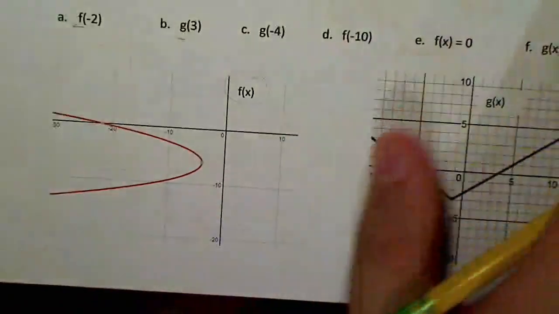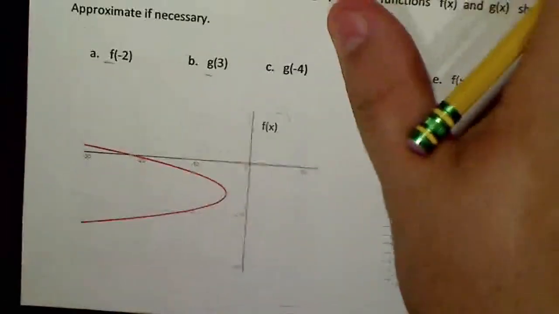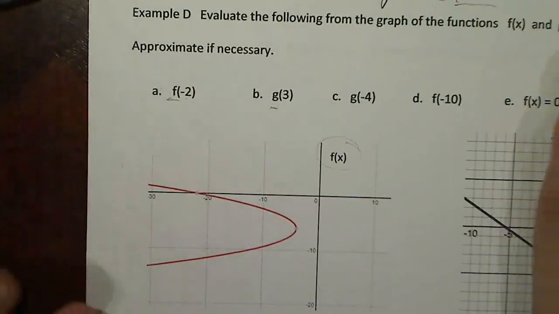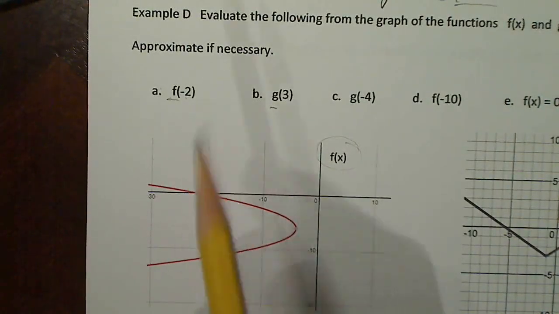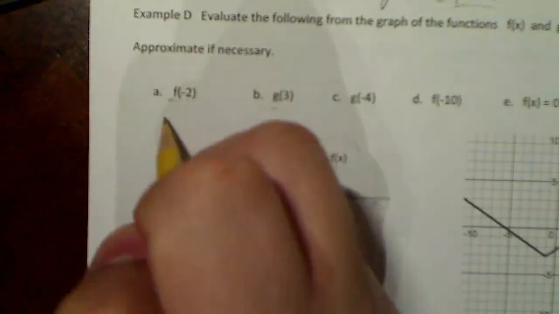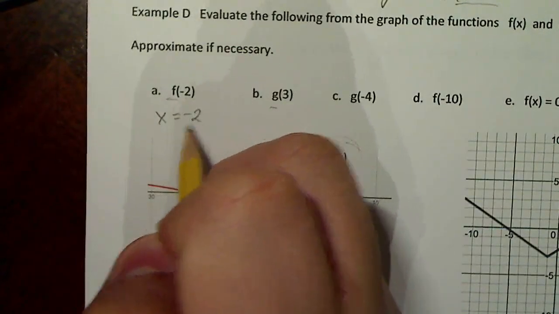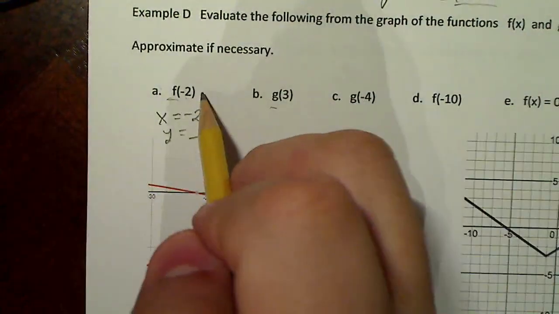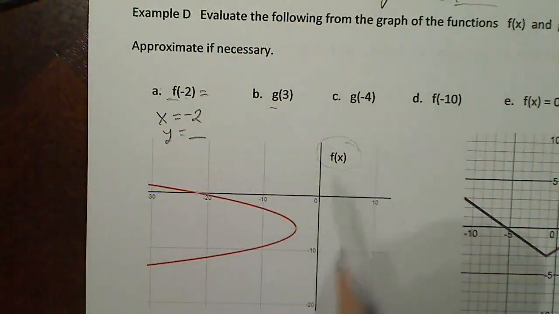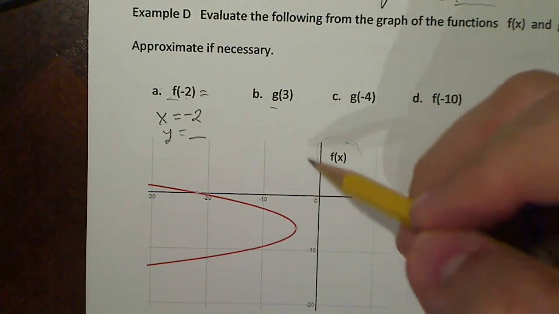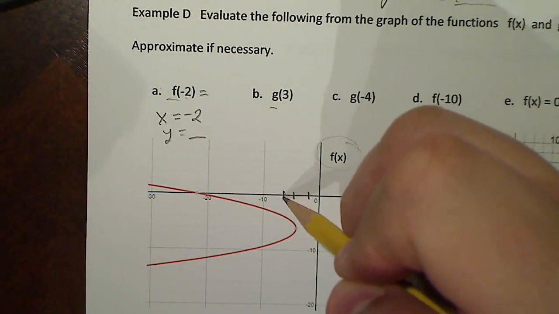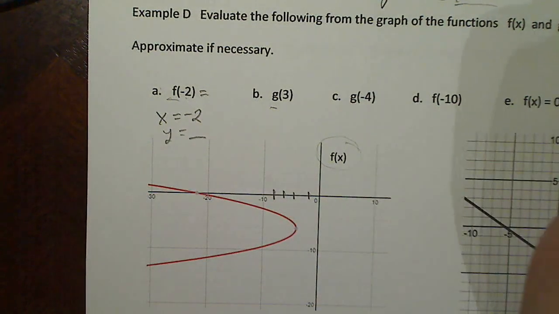Let me straighten my paper out here. But here's the idea behind it so that you know. Oh, my camera's all jacked up now. There it goes. Okay. So what this is saying is when x is -2, okay, what is y? Or what is the y value? You can't see this on my paper, and I do apologize for that, but this is actually by 2's on my paper.